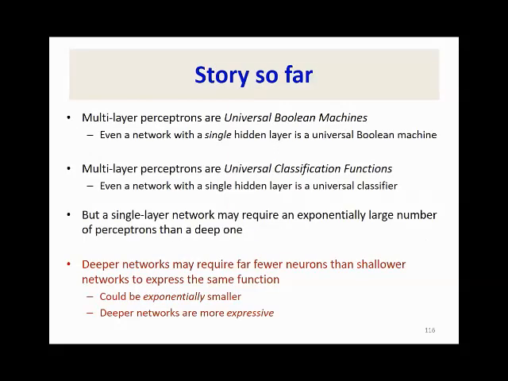And so the story so far, multi-layer perceptrons are universal Boolean machines. They are universal classification functions. But a single hidden layer network may require an exponentially large number of perceptrons compared to the deeper networks, which means that deeper networks can be exponentially smaller than shallow networks. Deeper networks are more expressive.